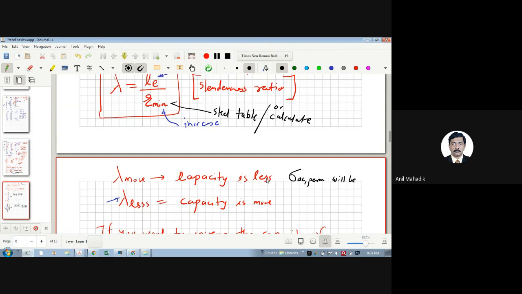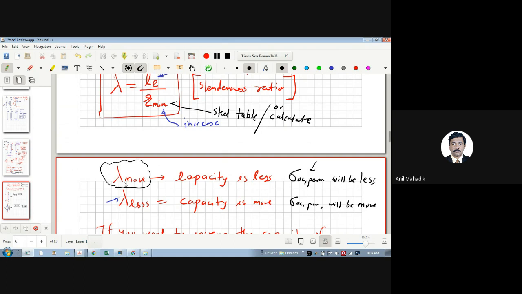Capacity is less, so sigma AC permissible will be less. And here capacity is more, that means sigma AC permissible is more. So this will be reflected. The sigma AC permissible depends on lambda, that is the slenderness ratio.